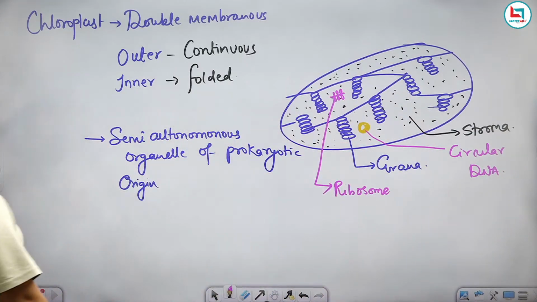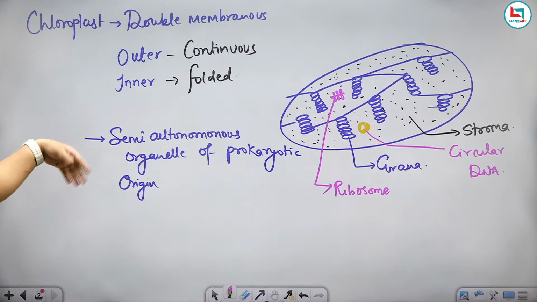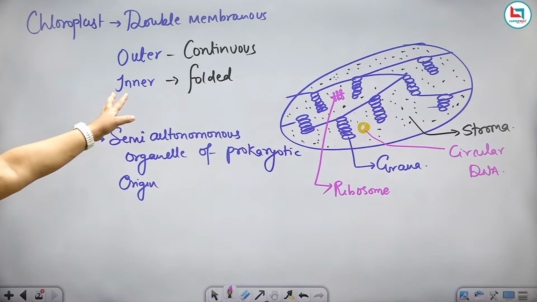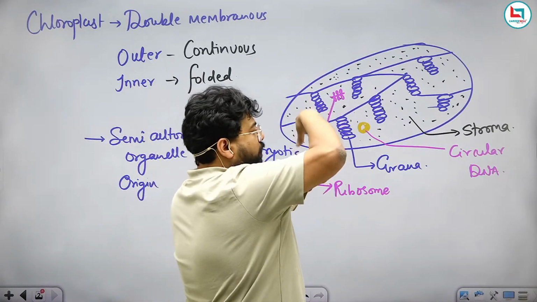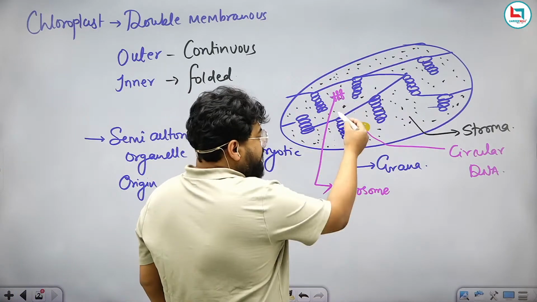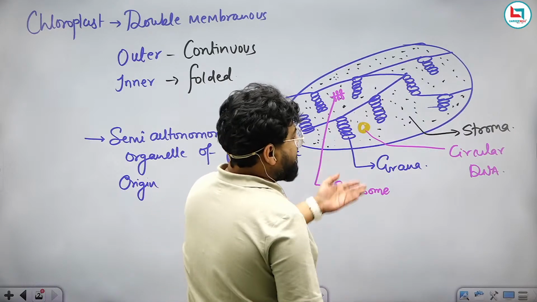So chloroplasts are double membranous structures. Its outer membrane is continuous, the inner membrane is folded. It is a semi-autonomous organelle of prokaryotic origin. The inner membrane is in the form of folds, and these folds seem like coins stacked upon each other. This structure in chloroplast is known as grana.